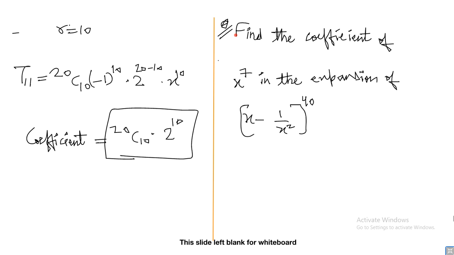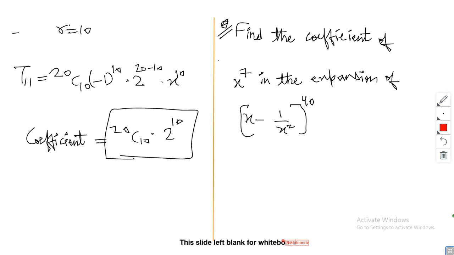I hope you like to do the question. Let me see. Find the coefficient. So you can go through the previous question. I did not delete it, so that if you want, yeah.